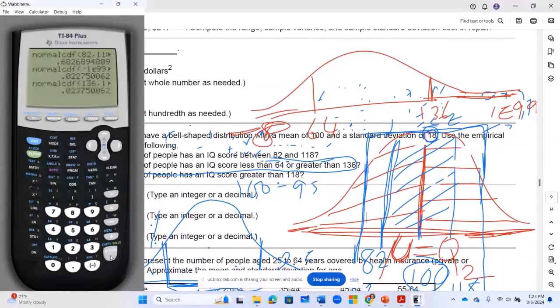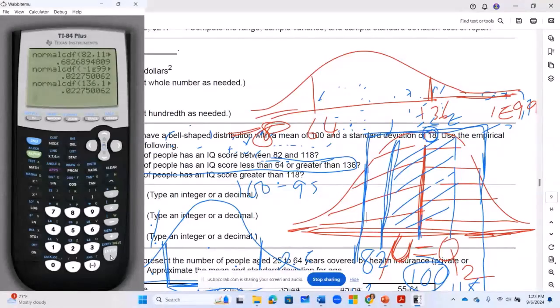When I hit enter, I got the same answer. So area cannot be negative. The normal curve is symmetrical. So if you can calculate the area on the left, then it is the same as the area to the right. So that's about number 2.